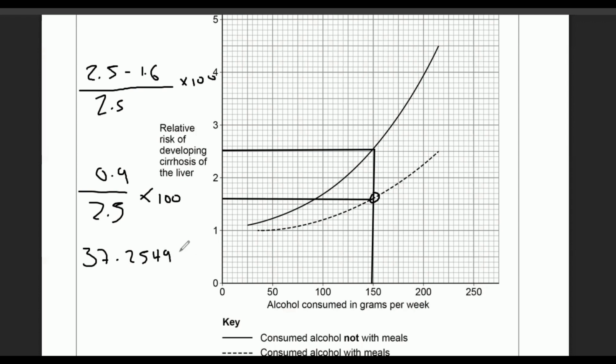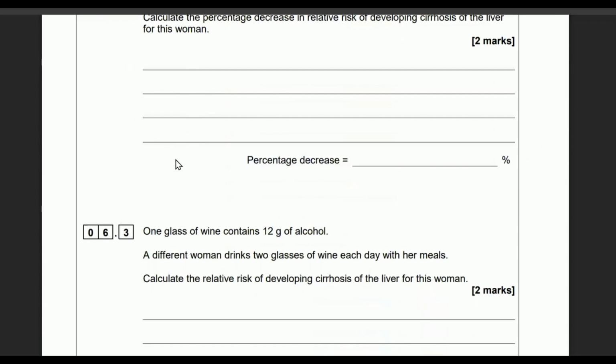Did they want it to a whole number? Well, we can just leave the percentage as 37%. Or if you want to round it to one decimal place, I'd go 37.3%. So, there we go. Let's move on. There was a 37% decrease in her risk, so well done to her.